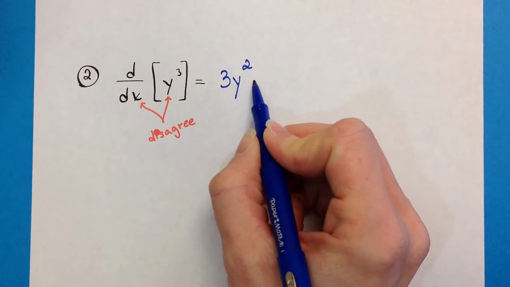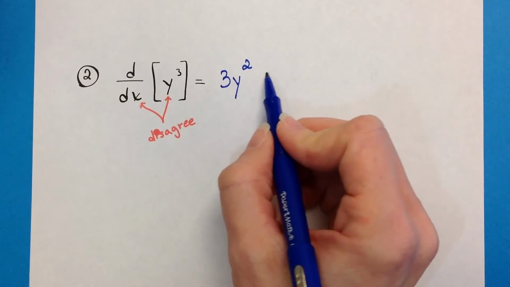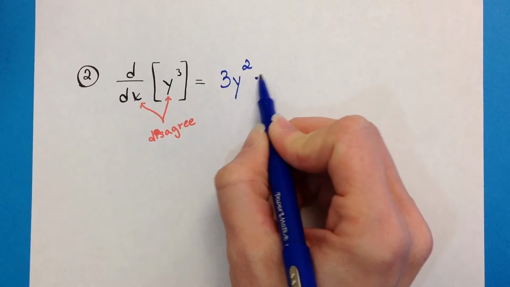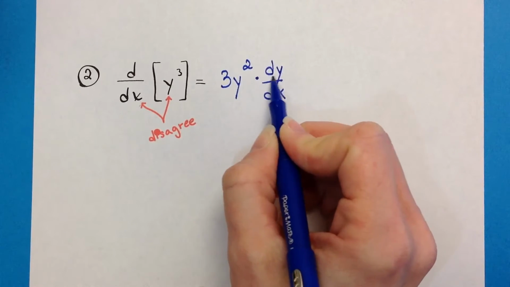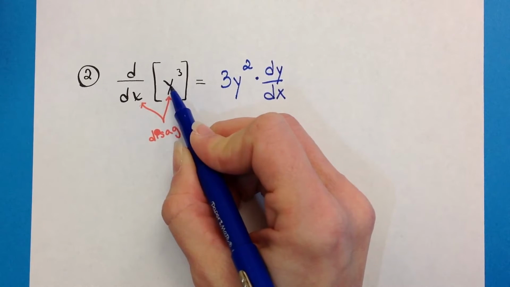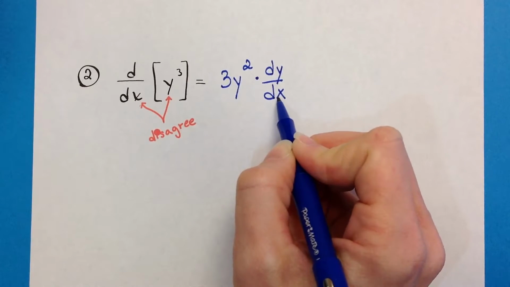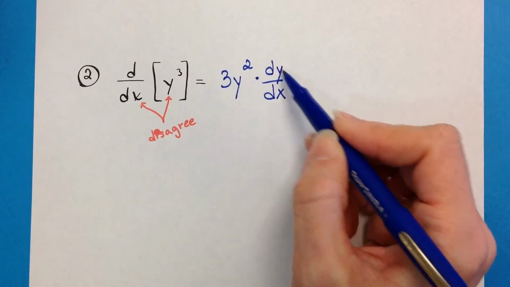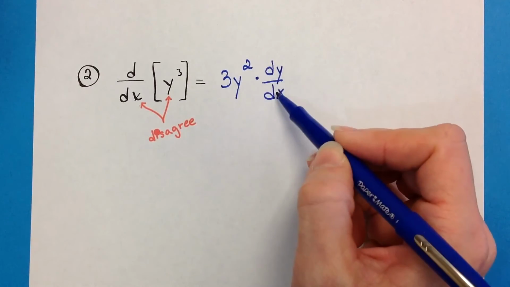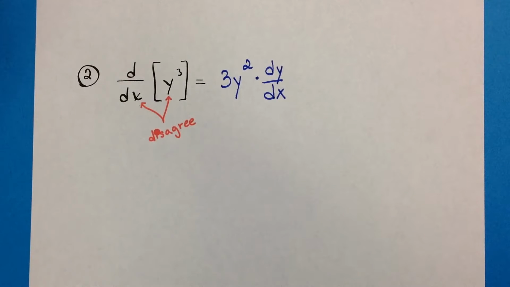So when you say that you're taking the derivative of the inside, that would just be dy/dx, because you're taking the derivative of a y, but you're asked to do it with respect to x. So your derivative for this is exactly what you see here, 3y squared dy/dx.